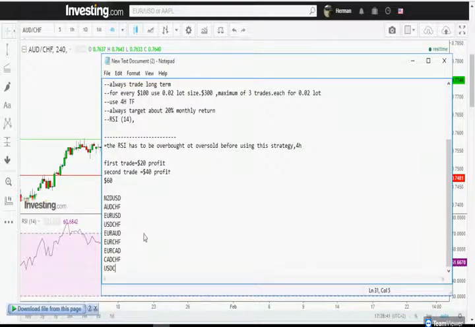Yeah, US dollar/CAD, I think. Yes, I think so. So these are some of the pairs that work hand in hand with the strategy.